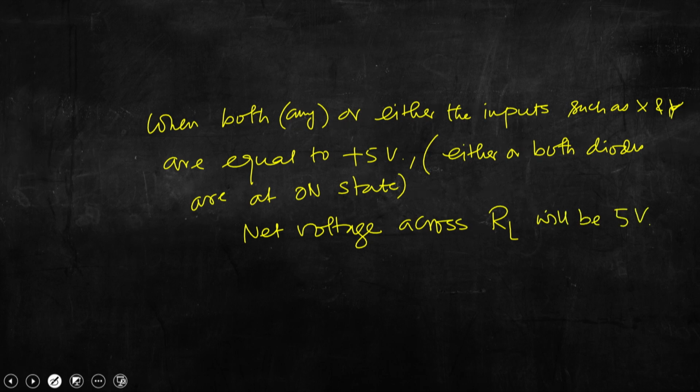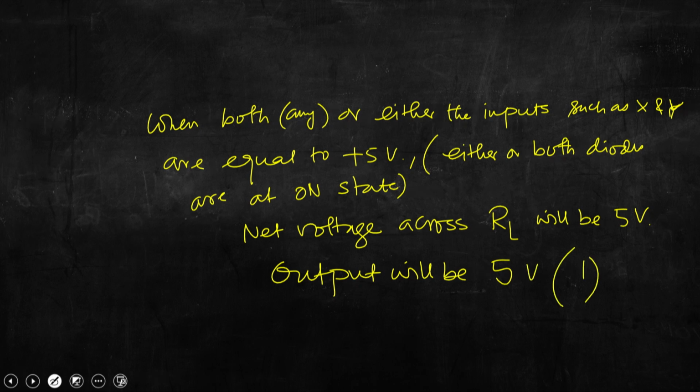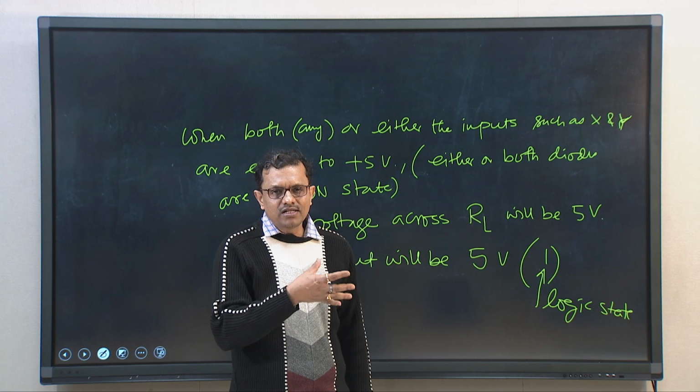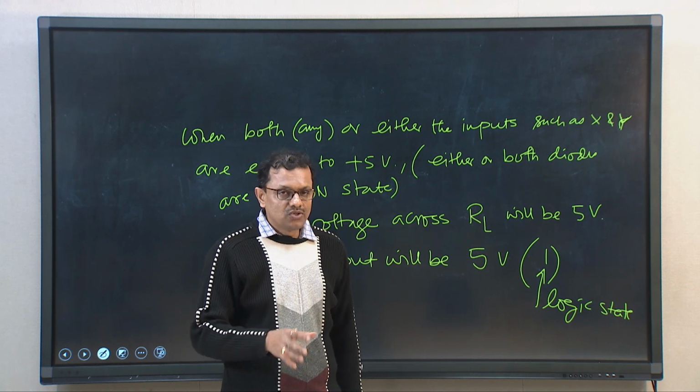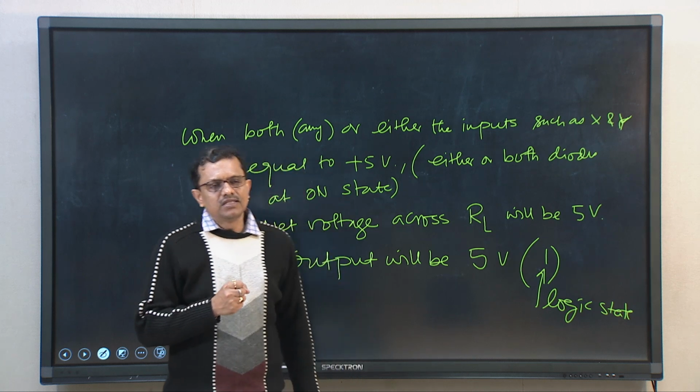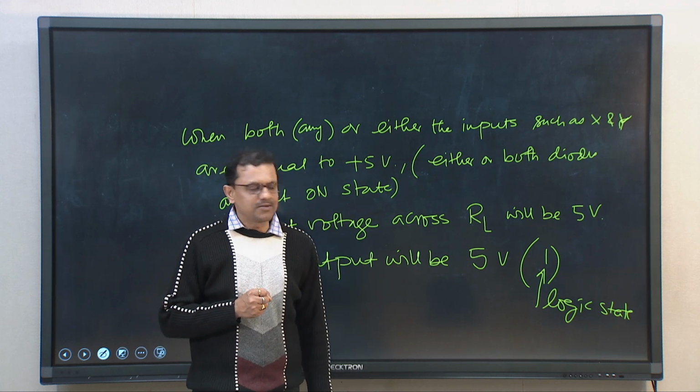So, the output will be 5 volt, that is logic 1 state. That means we can see if both are 0, the output is 0; if any one of them is 5 and the other is 0, or both are 5, then the output is 5, that is 1.